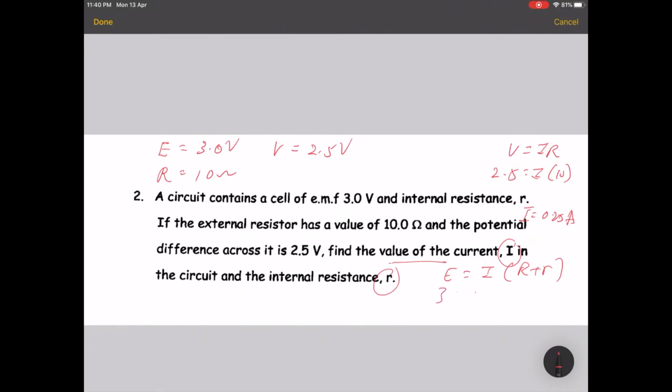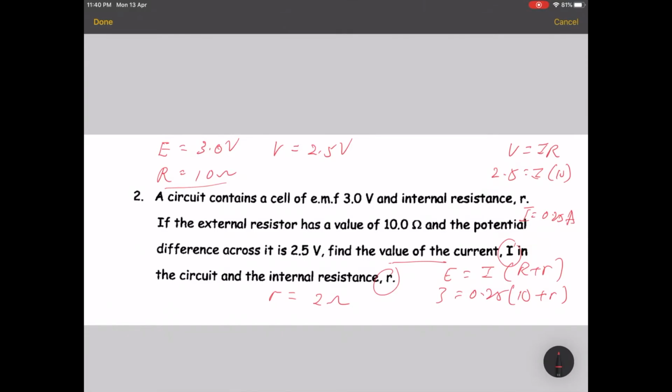So this is 3, 0.25. The big R is 10, is given. And the small little r is an unknown. So a little bit of arithmetic will bring you to the answer, 2 ohm.